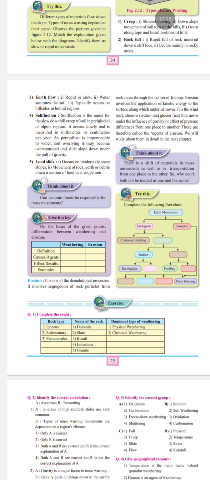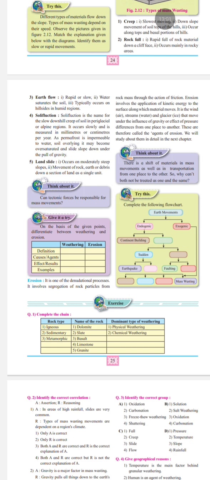Our next topic is landslide. A landslide occurs when a mass of rock, soil, earth, or debris moves down a slope as a relatively single unit. Unlike creep, a landslide can happen suddenly and rapidly.